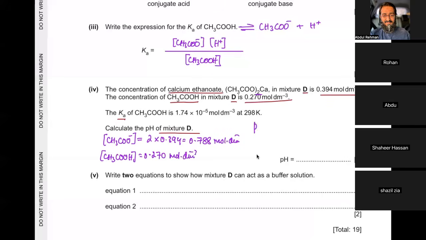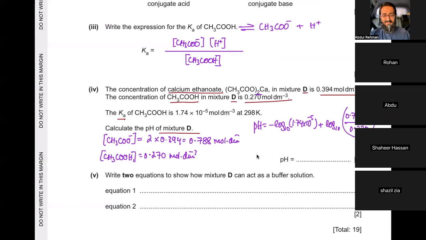So now you are going to use the expression for the buffer: pH is equal to pKa plus log10 salt over acid. pKa is minus log10 Ka, with Ka 1.74 times 10 to the minus 5. The salt is 0.788 over 0.270.